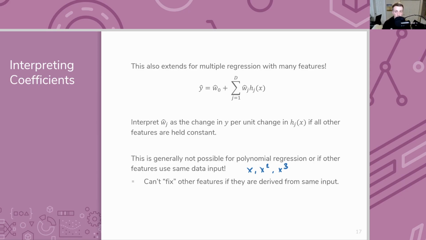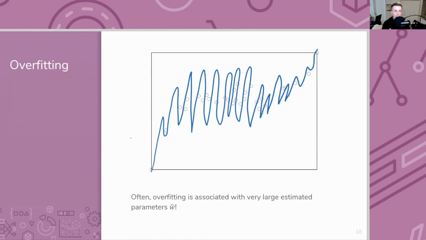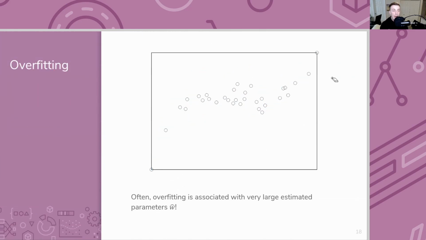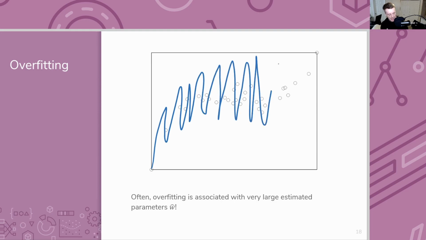Okay. So interpreting coefficients is great. I want to talk a little bit about what I was bringing up with interpreting coefficients. Namely, when we think about having some data set we're trying to fit a curve to, and suppose I'm using a really high degree polynomial, one that bounces up and down quite a bit, it turns out something very special happens to the coefficients.